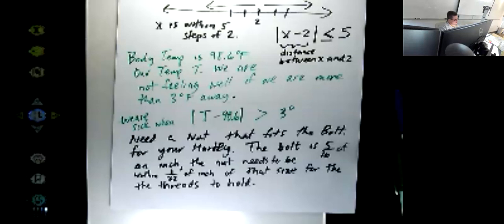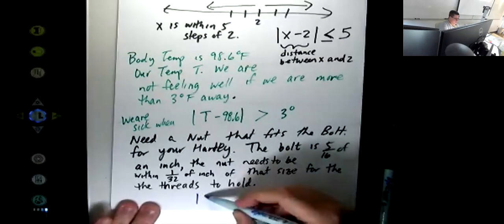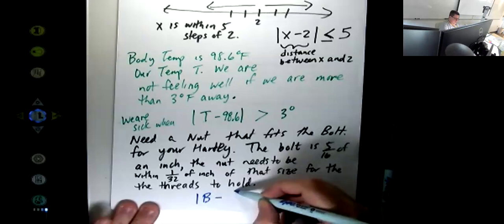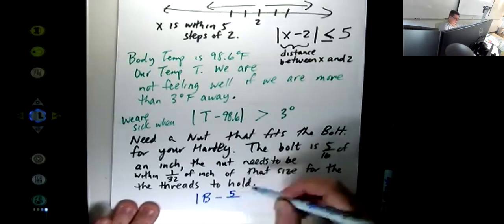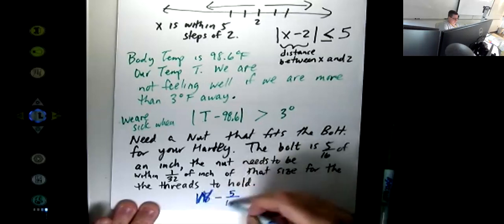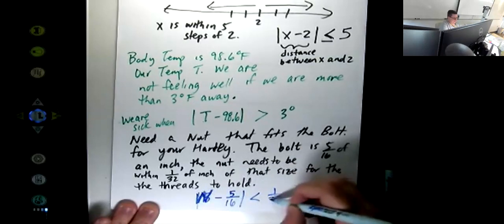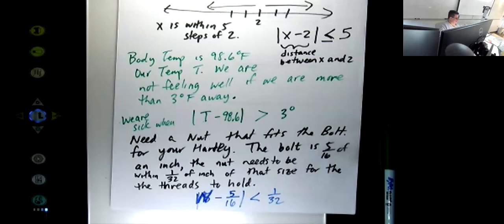And then if it's a little bit smaller, you're grinding that in because it's hard. It doesn't quite fit just right, so you have to kind of force it in. We want the distance between the nut's width and 5/16 of an inch to be less than 1/32. It's got applications, absolute values and inequalities are pretty useful in real life.